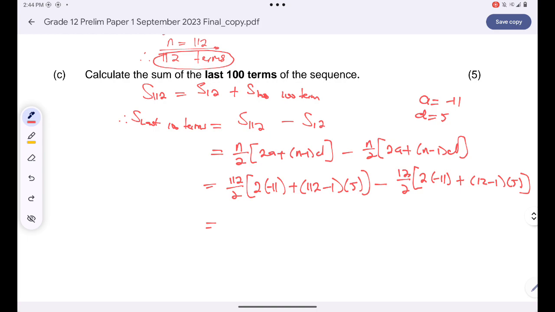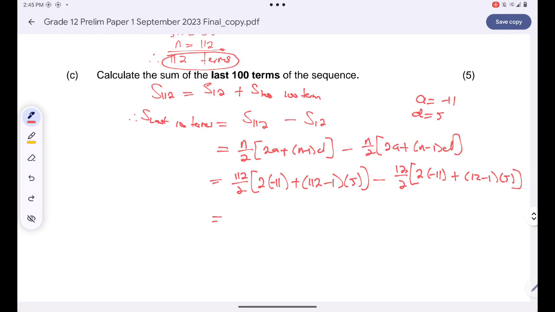That's 112 divided by 2 multiplied by 2 times the negative 11 plus 112 minus 1 times 5.